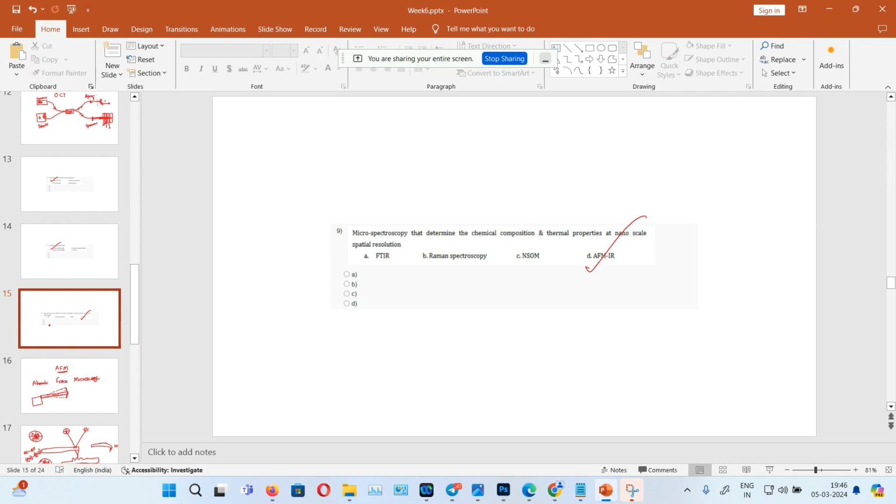And detection is happening at nanoscale resolution. So it gives a resolution beyond the conventional detection limit.